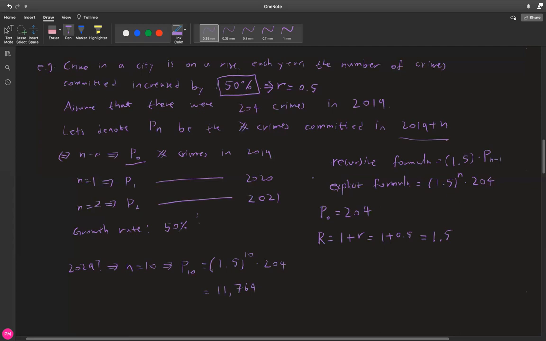So modeling in real life, something that's growing exponentially or decaying exponentially, is a very useful factor. And I know I've used some random example that's not really likely.